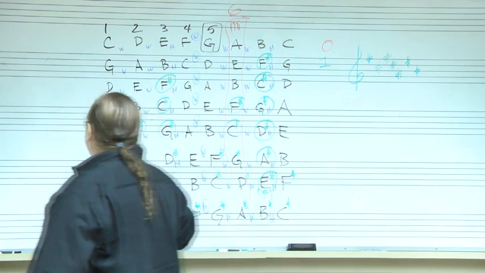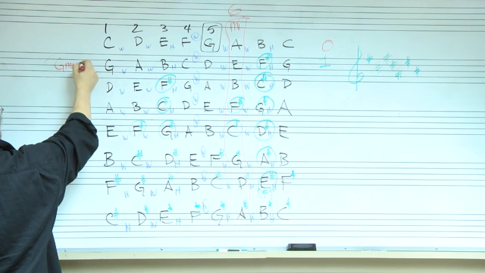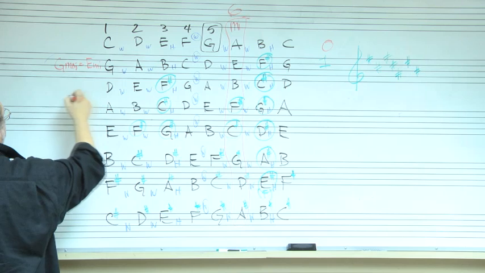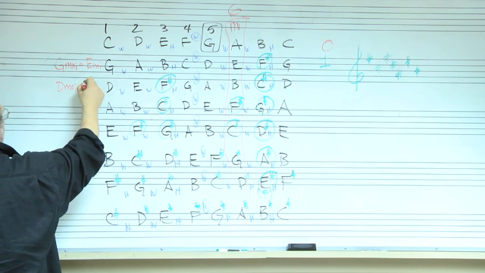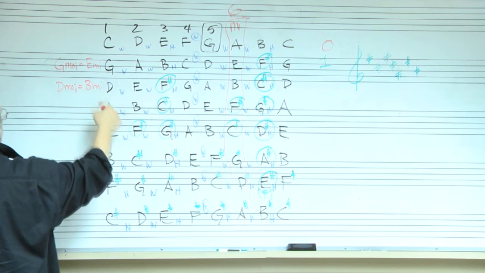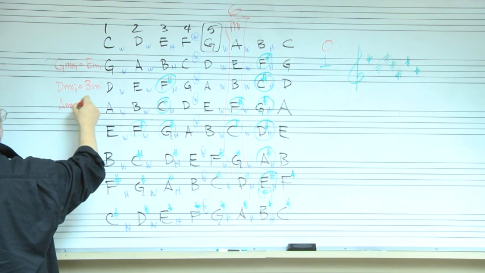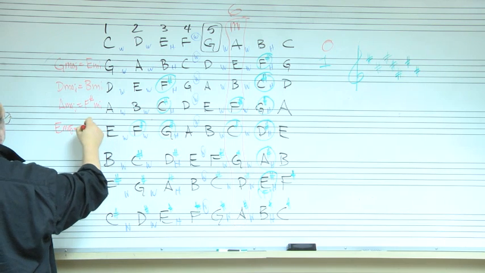So, G major equals E minor. D major equals B minor. A major equals F sharp minor. E major equals C sharp minor.